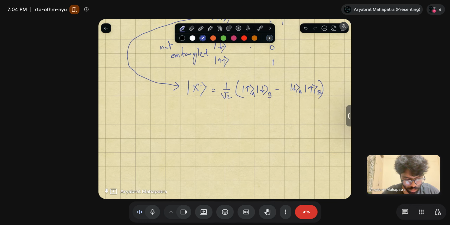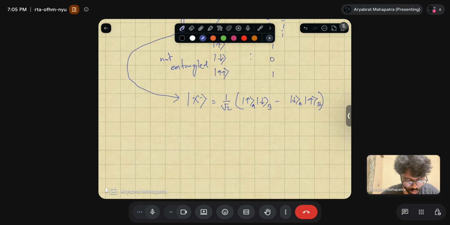Okay, so this A and B, as I was telling, are Alice and Bob. You have an entangled state.